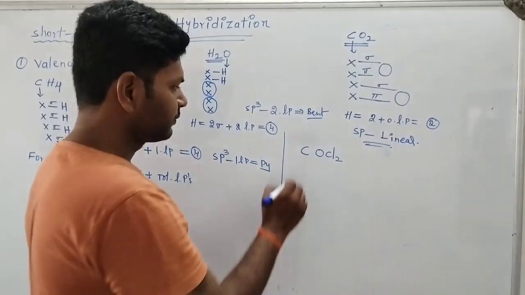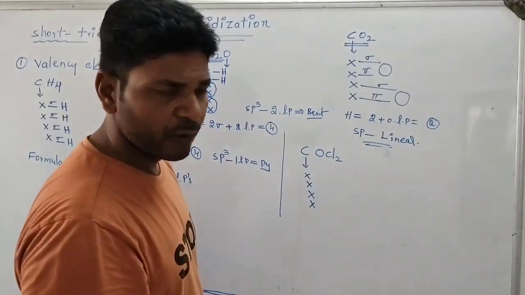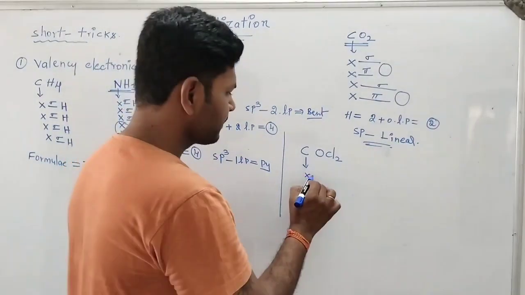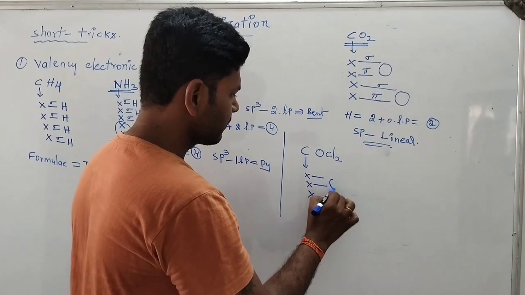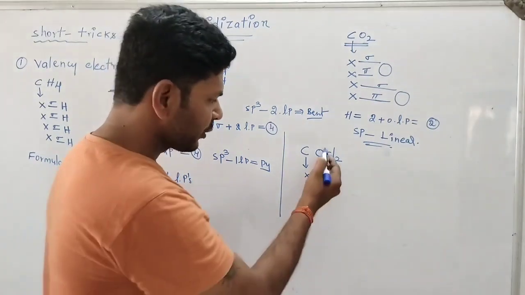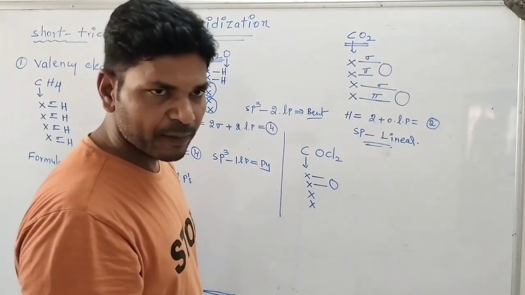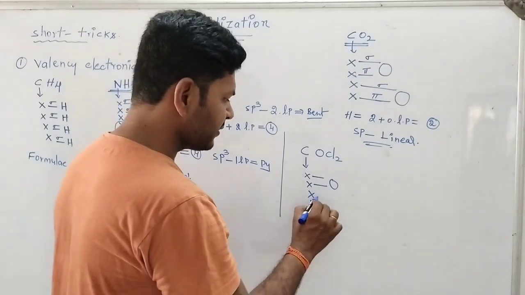COCl2. Carbon 4, and oxygen valency 2, chlorine valency, 7th group element, 8 minus 7, 1.